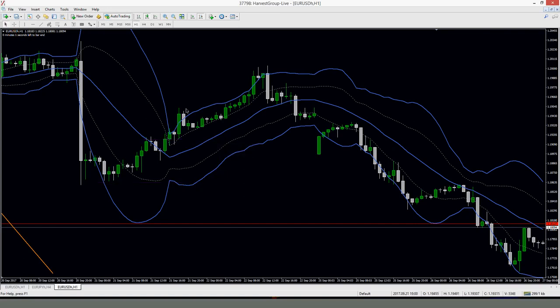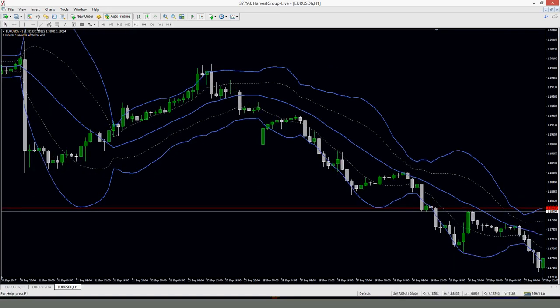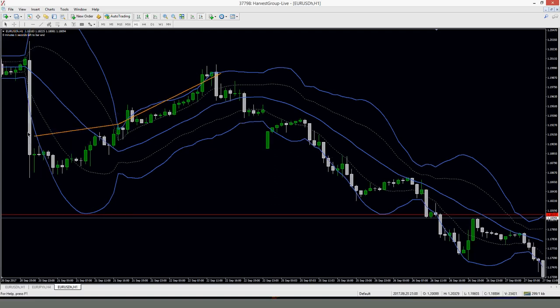Excuse me, I'm still not well. Here, this is sideways Bollinger Band. As I mentioned earlier, every time the price touches the top and low BB, it is going to be an extreme. So this is a sideways Bollinger Band.